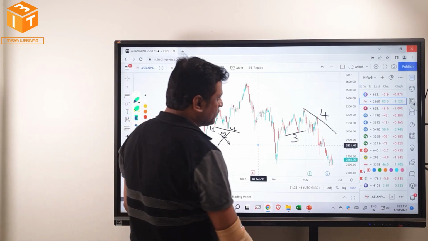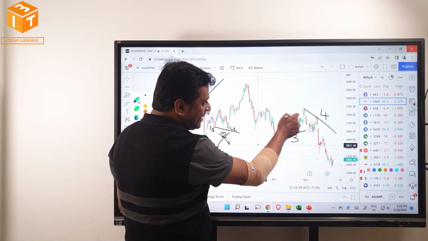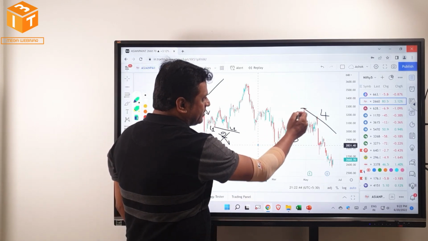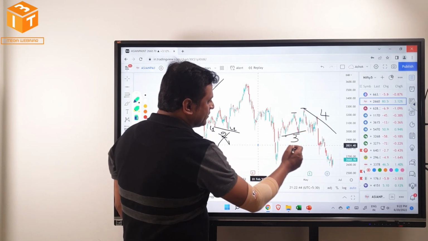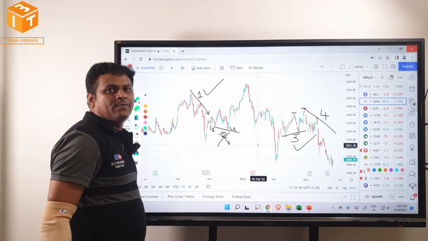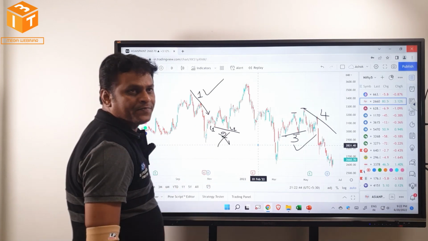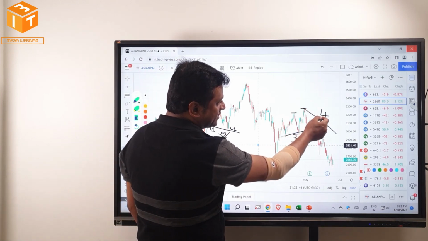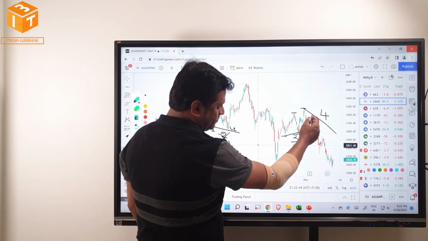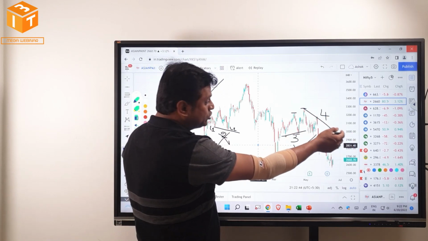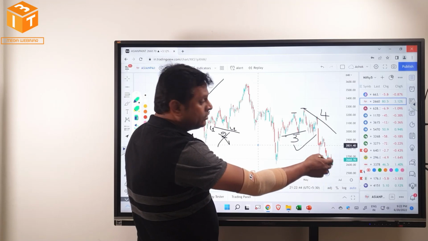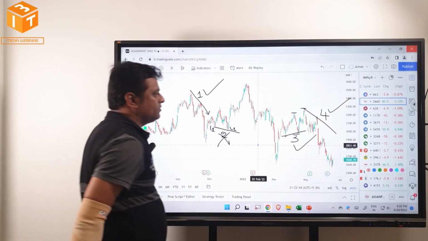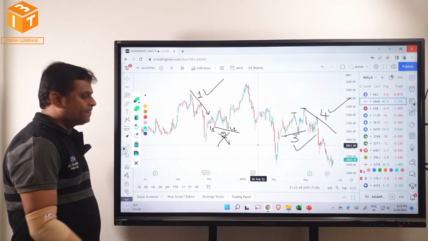Third, watch out carefully. 2 valleys. H2 is greater than H1. L2 is greater than L1. So a beautiful example. And look at 4. 2 peaks. H1 is greater than H2. L1 is greater than L2. So this is also a beautiful example. Make sense? Sounds good.